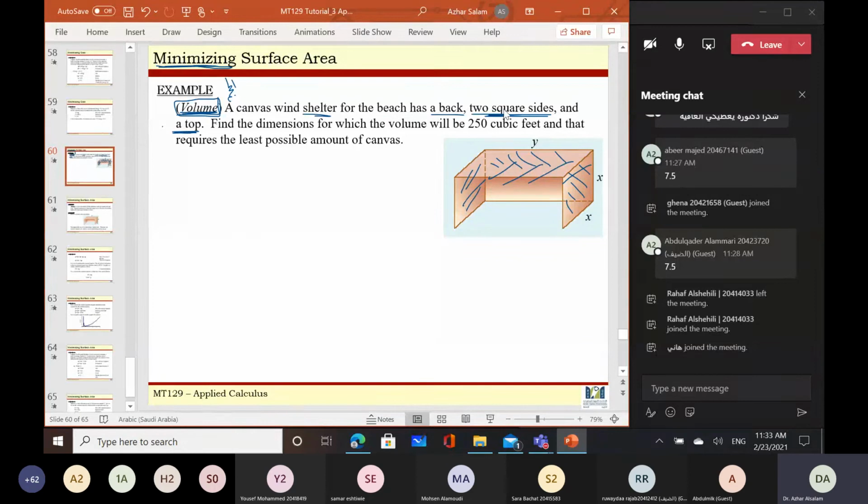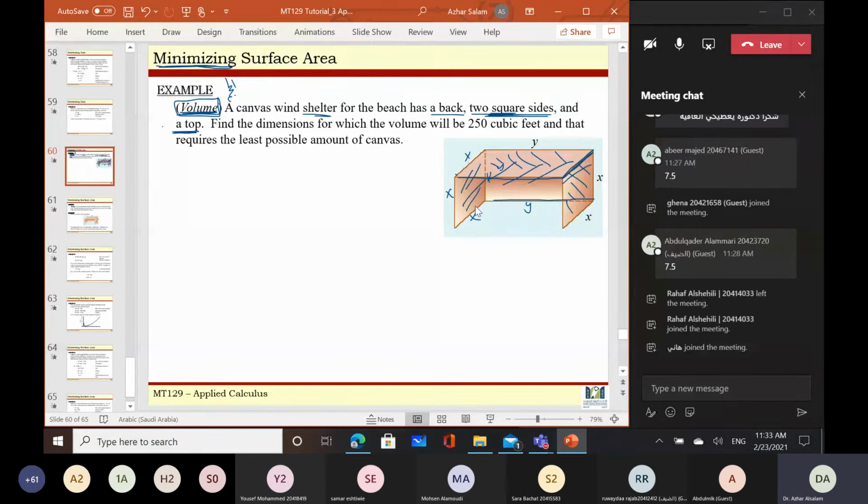And the two sides are squares. So I indicate the dimension for the square as x, here x multiplied by x, and the tallest dimension will be y. And this is, of course, also x since it's a square, and this is x, x, x, x, and this is y. Okay, this is also y.